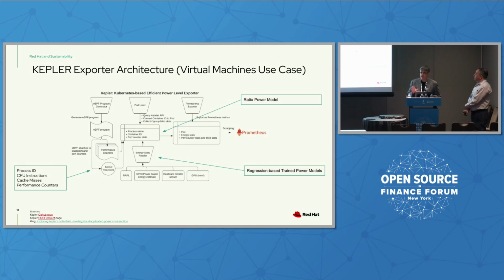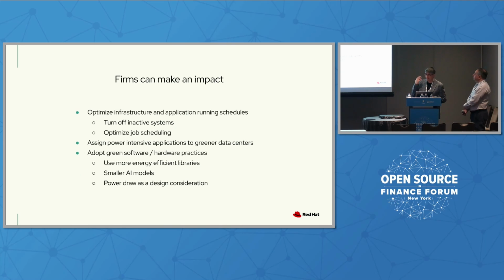So for that, we are using machine learning models that are trained to make predictions on the power consumption of an application by knowing how much it would consume, for example, in the bare metal use case. So you can translate that information based on data that it reads from the virtual machine. In both cases, what I'm getting at the end is a unified and consistent view of how much my applications consume, so that I can compare them with each other.